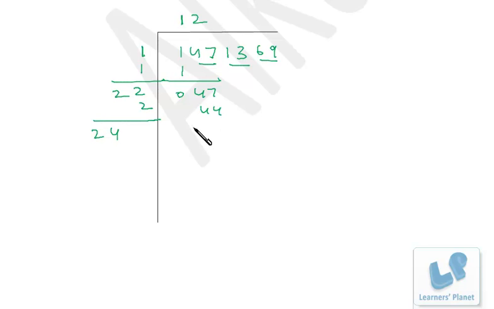Here 2, here we are left with 3, then 1 3. Okay, now 241 into 1 will be 241 and 242 into 2 will be 484. So that will be greater than 313. So we have to take 241 into 1. So it's 242 and 241 into 1 will be 241.